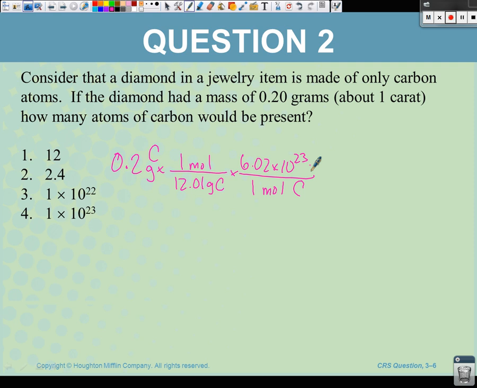So what do you think it's going to be? What is it definitely not going to be? Definitely not 1 or 2. So if you divide 0.2 divided by 12, it is 3. When you divide a decimal by a whole number, is your answer a big number or a small number?